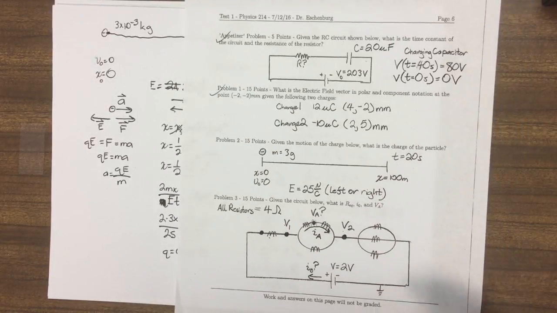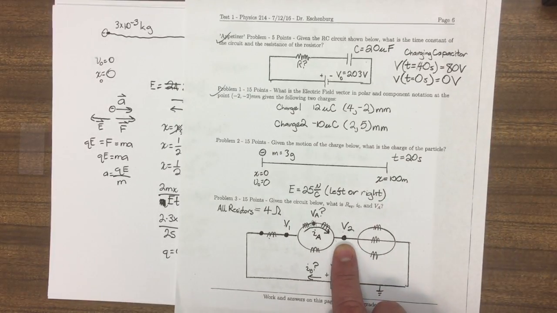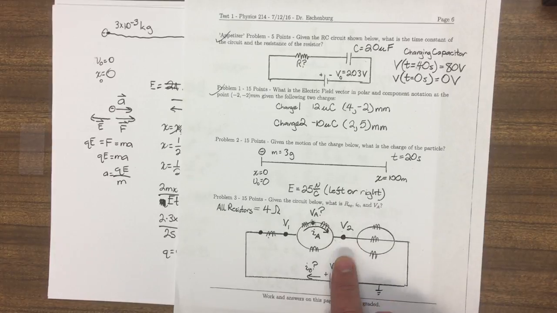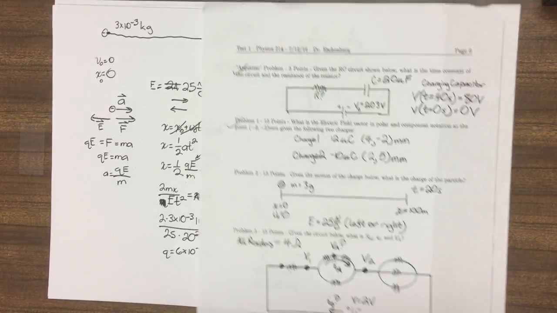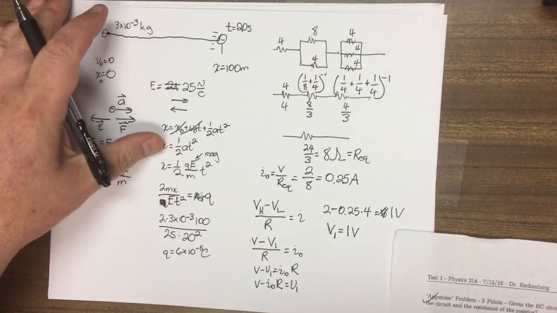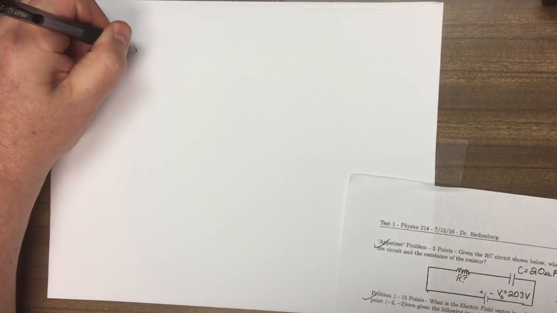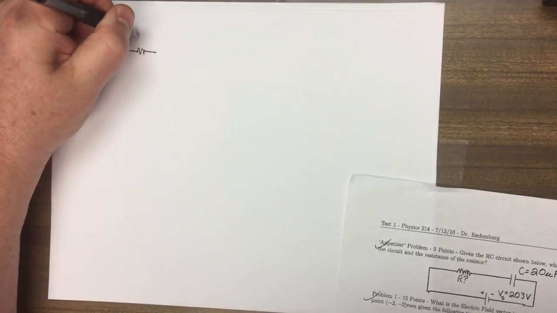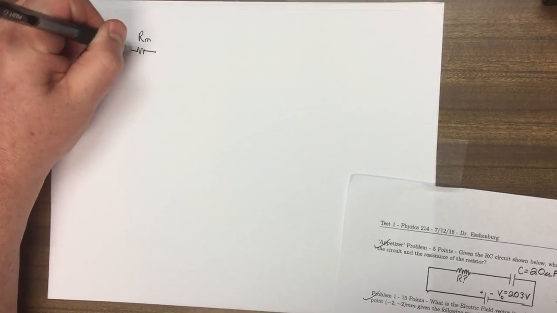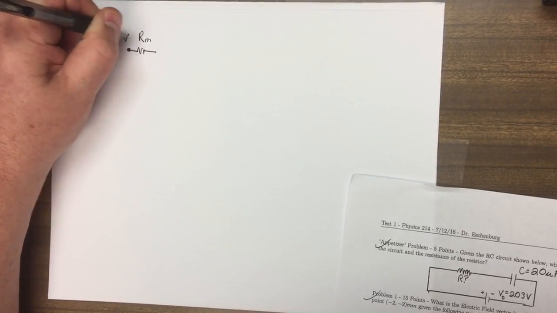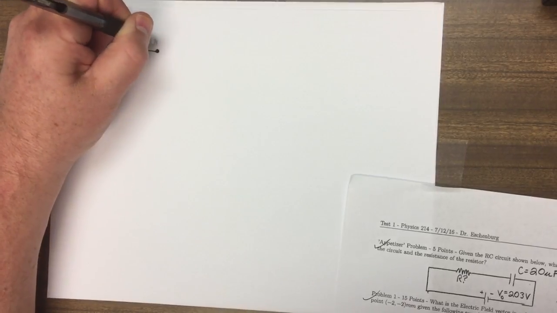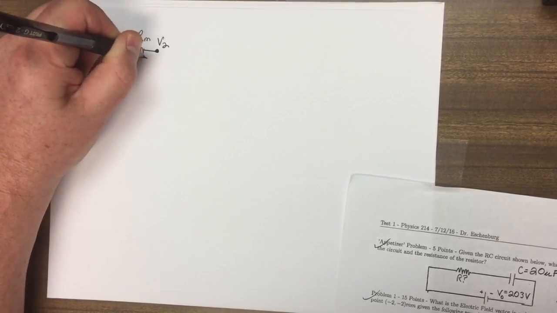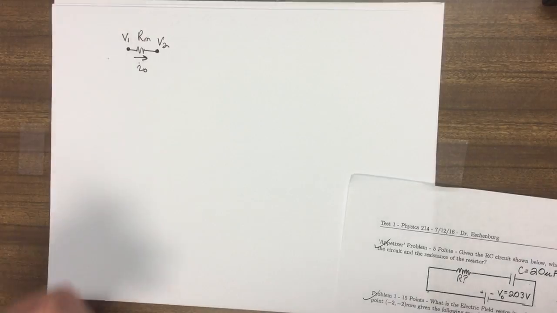To find the potential at 2, we can do one of 2 things. What I'm going to do now is use this.